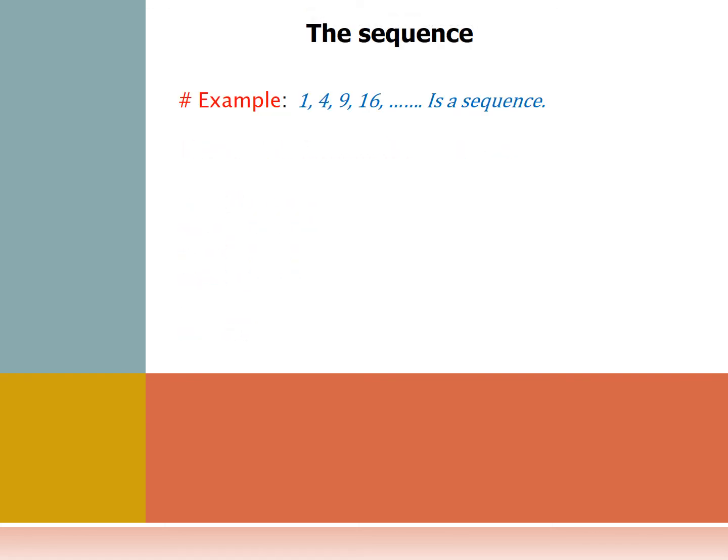Also, we have another example. 1, 4, 9, 16 is a sequence, and the explicit formula is an equals n squared, such that the first term, 1, comes from 1 squared, which is 1, and 2 squared is 4, the second term.